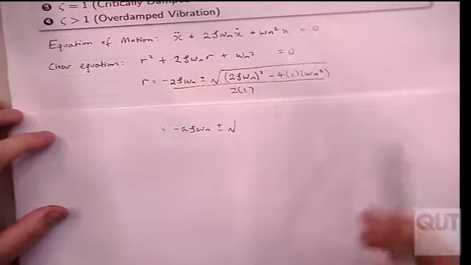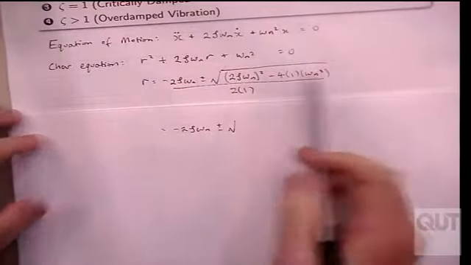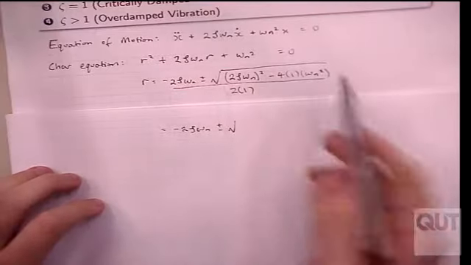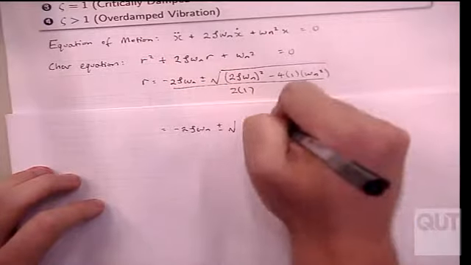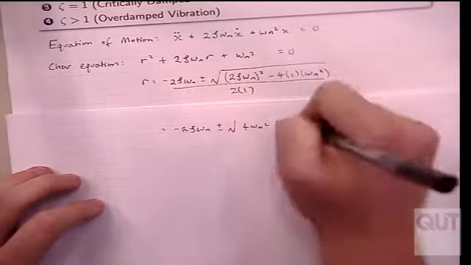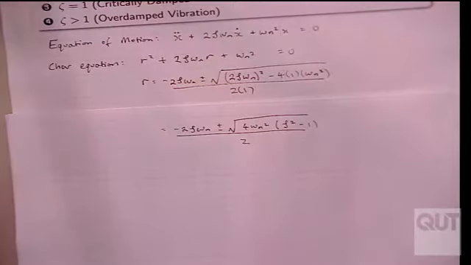We've got a common factor of omega n squared in these terms, and then a common factor of 4. So we get something like that.